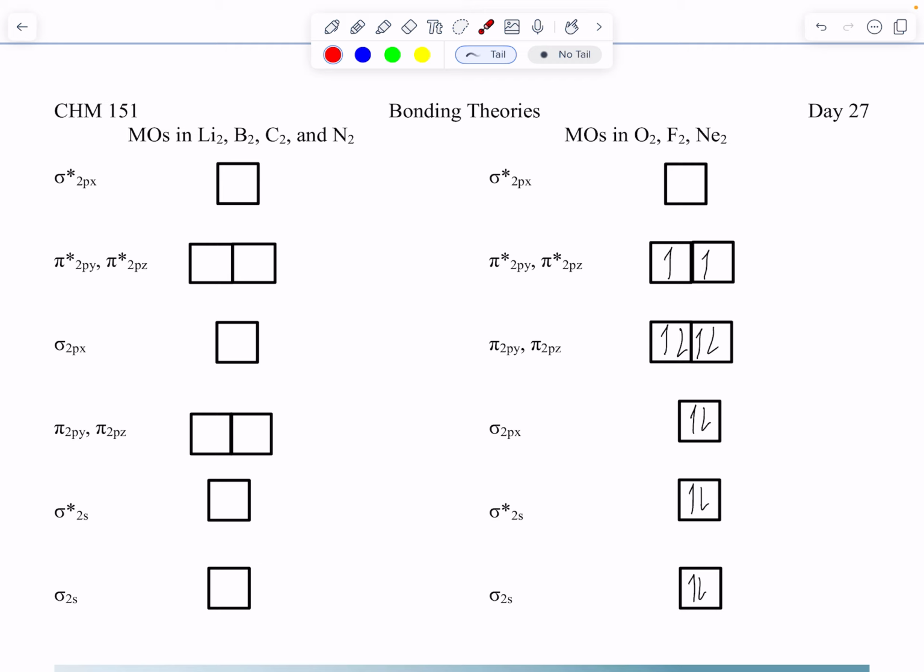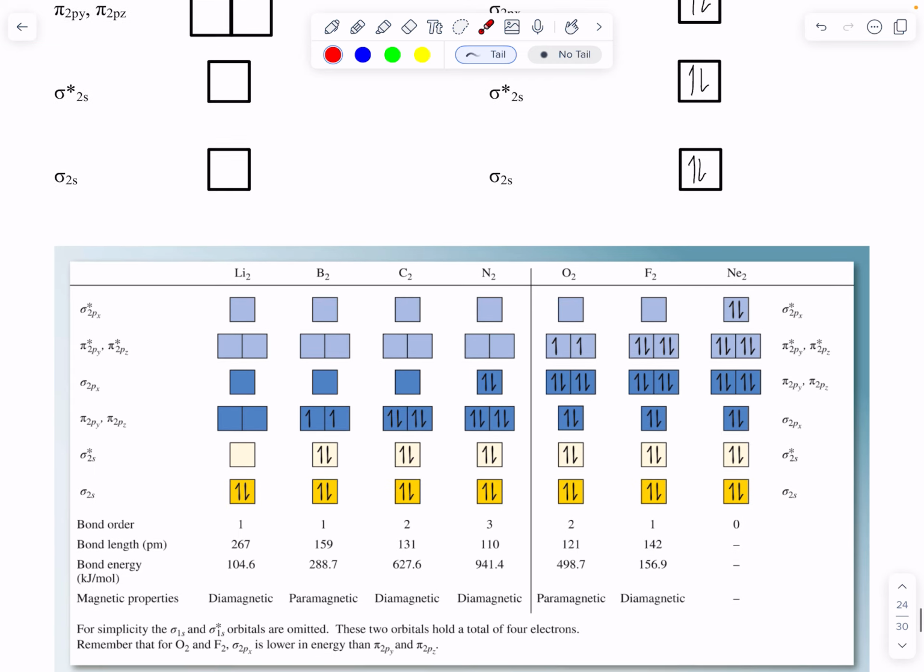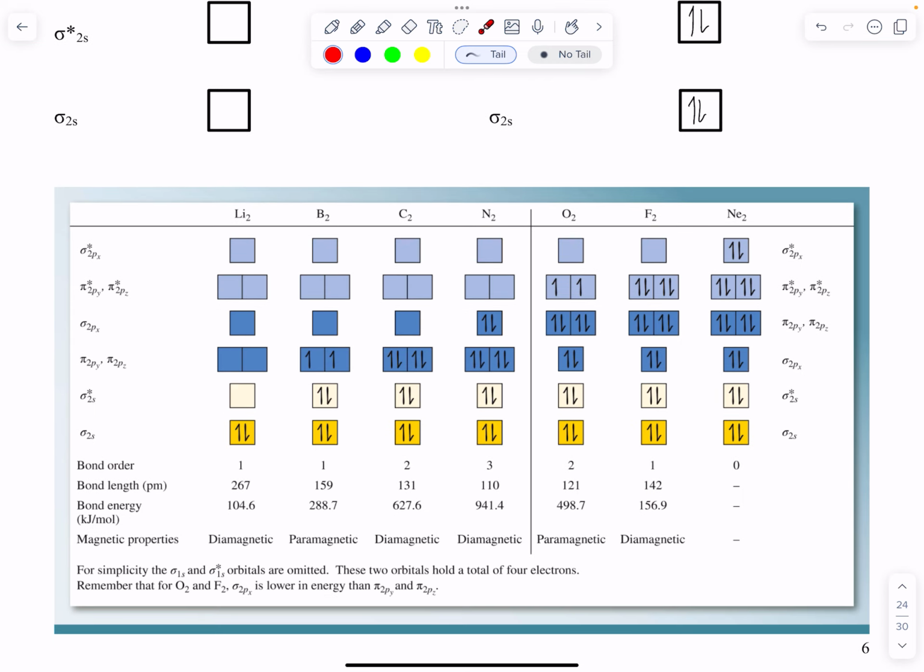Now, again, I'm just showing you how that works. These are the MOs of all of them, from lithium to neon. Diamagnetic means there are no magnetic properties. Paramagnetic means there is a magnetic property. So B2 is, carbon's not, nitrogen's not, oxygen's magnetic, fluorine's not.